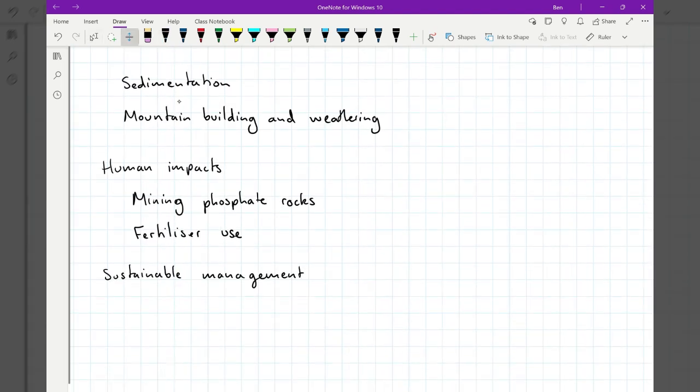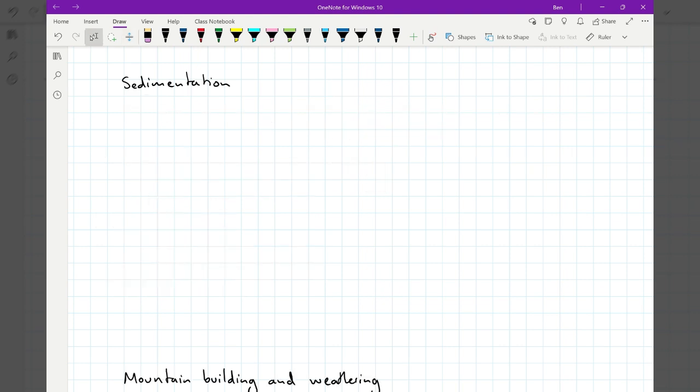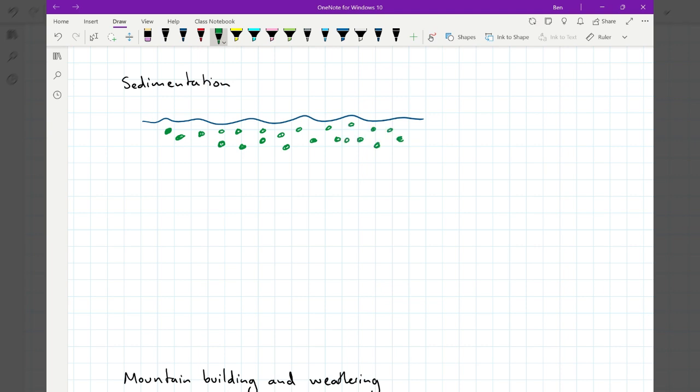Next one then is sedimentation. So when organisms die, here we have like a lake or a shallow sea, and we've got algae that are photosynthesizing in the surface waters, so the photic zone of our lake. And they are going to be absorbing phosphates that are dissolved into the water and incorporating them into proteins in their bodies.